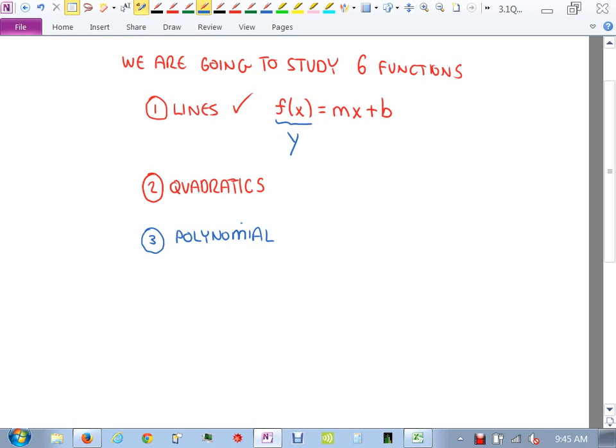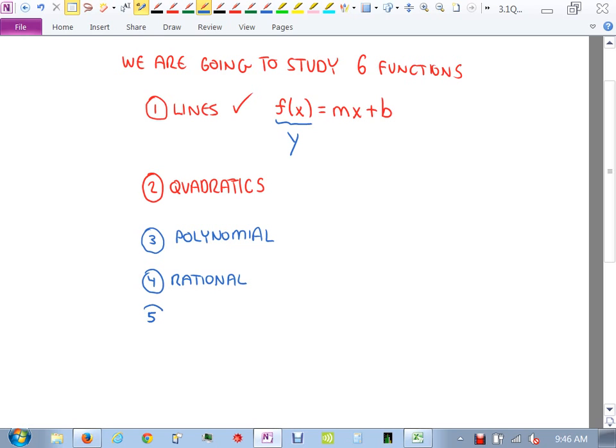Okay, so there's a set of steps. For lines, you do something. For quadratics, you do something else. For polynomials, you do something else, right? And then after polynomial, we'll go into what are called rational functions. I'm just going to put rational. And these are by far the hardest ones to graph. Out of all 6, those will be the most difficult.